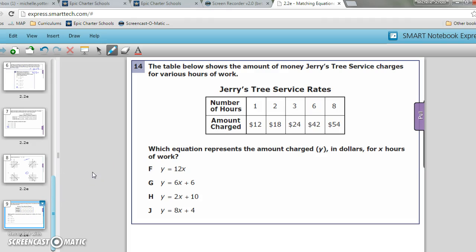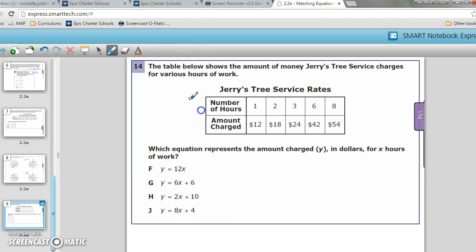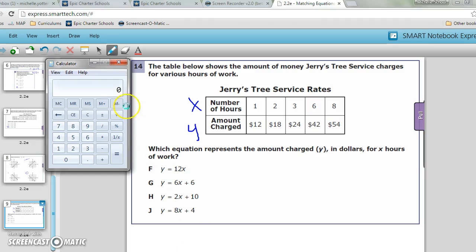And the last one, the table shows the amount of money Jerry's tree service charges for various hours of work. Which equation represents the amount charged in dollars for X hours of work? Okay, we can see that his rate is constantly changing. We can do like we did the other one, and we can plug it in and see which we get if you like that method better. So remember, the top is the X, bottom is the Y. Okay, so we're going to plug in 1 and see if we get 12.